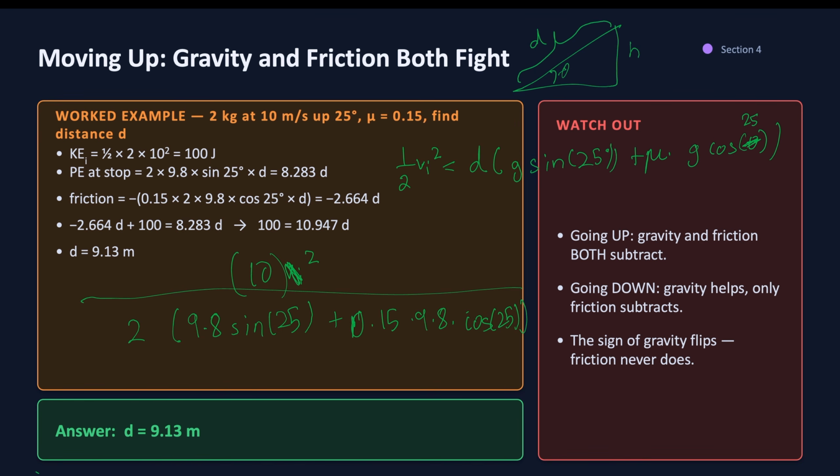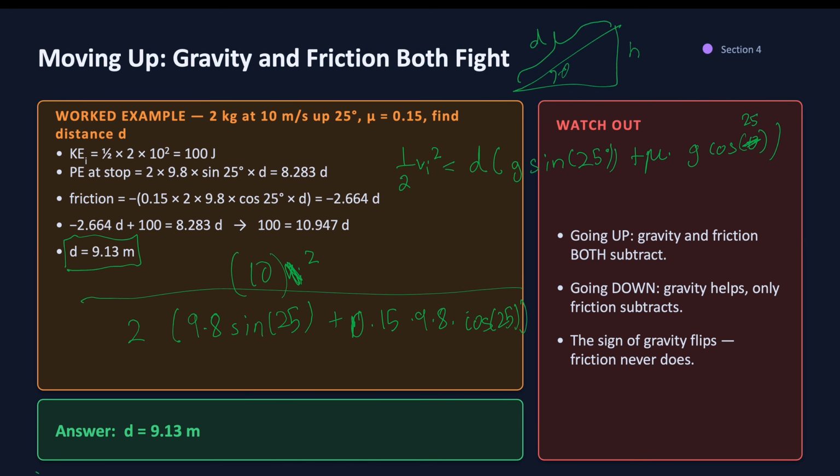Okay, so actually, let me do the denominator by itself first. 9.8 times sine 25 plus 0.15 times 9.8 times cosine 25, which would give me 5.47-ish. You multiply that by 2, and then you divide 100 by that, which would give me something around 9.13 meters.